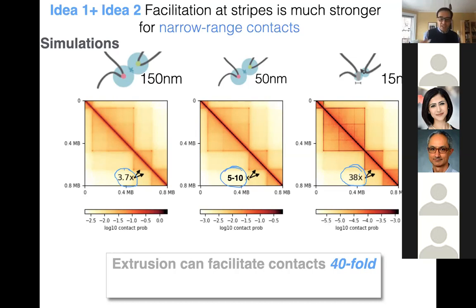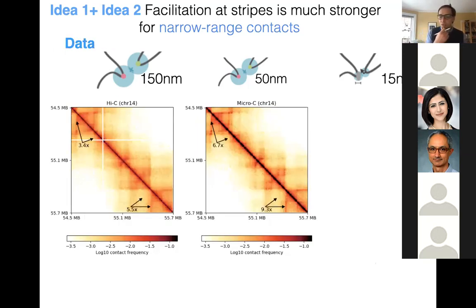And this is 10 times bigger than any insulation that you can get. So it's a very, very strong facilitating effect of boundaries. And that, I think, is a cool mechanism to mediate regulatory interaction. So CTCF, remaining an insulator, is also an activator.